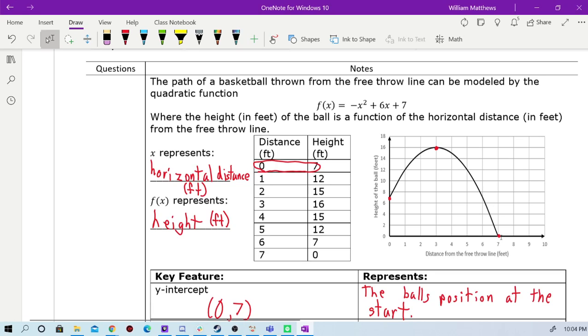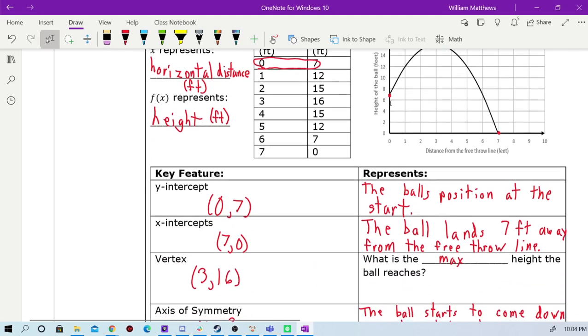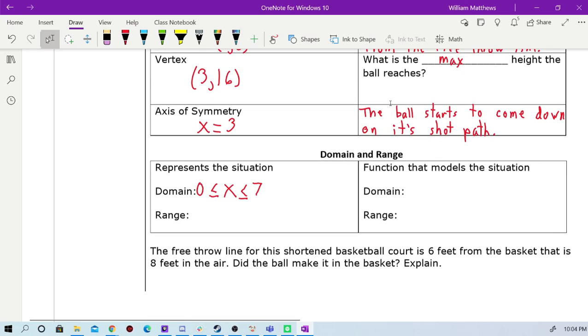Our lowest point is our end point, which goes all the way down to 0. And we already stated that our max is 16 feet. So our range, the height of the ball, can be anywhere between 0 feet, where it is landing, to 16 feet, where it reaches the top of its shot.